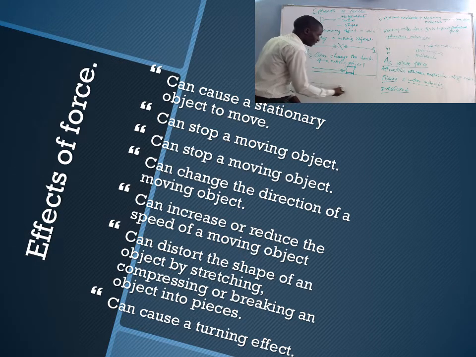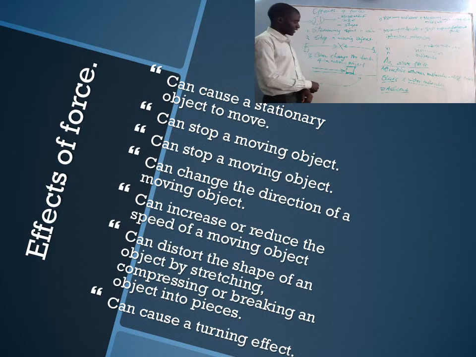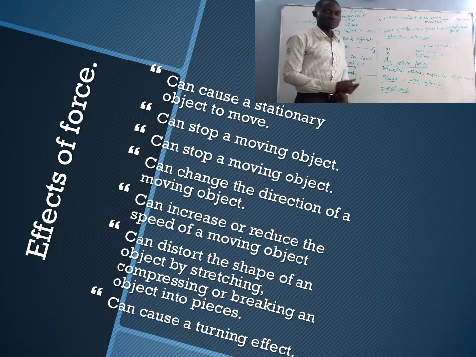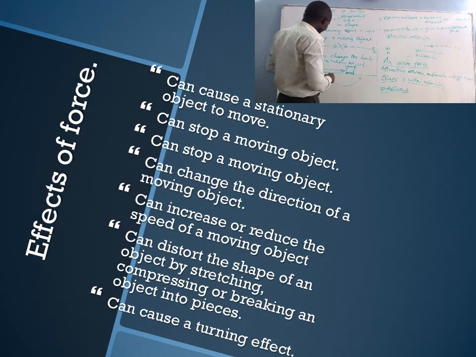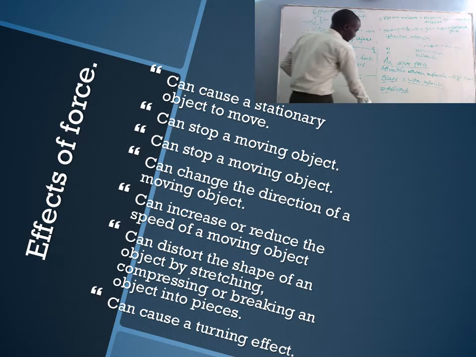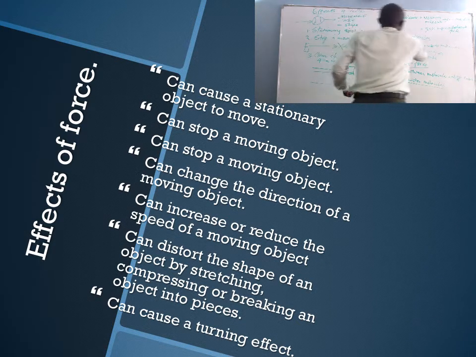So it no longer moves in a straight line. And therefore, an effect of a force on an object is that it can change the direction in which the object is moving. Apart from that, it can cause an acceleration or a deceleration.